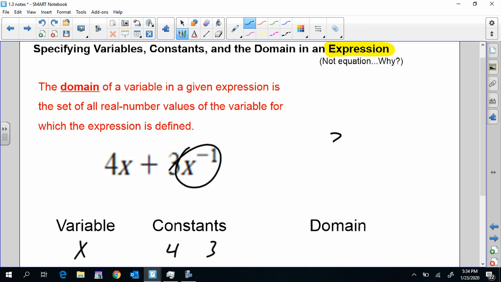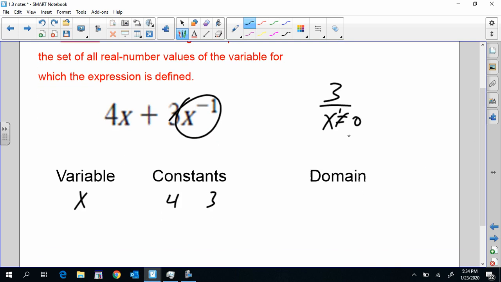I hope you said that term is 3 over x to the positive 1. And now we know that x cannot be 0. How do we know? We set the denominator equal to 0. Solve it. Well, it's already solved. And so all real numbers except 0, which means we go from negative infinity up to 0, union 0 to infinity.